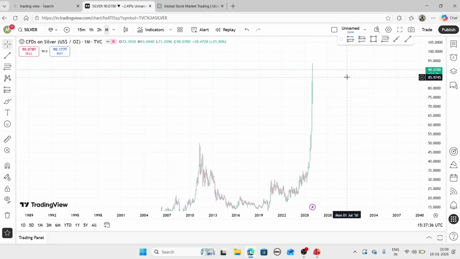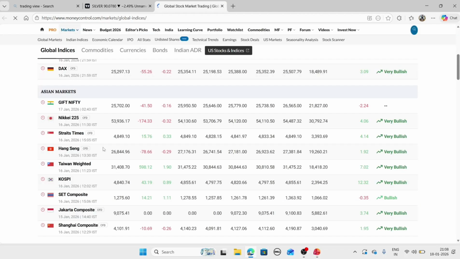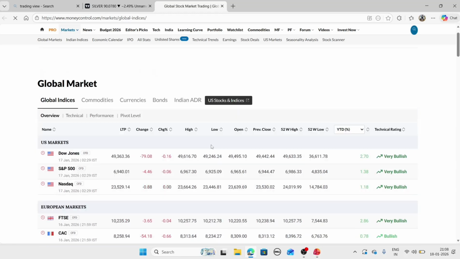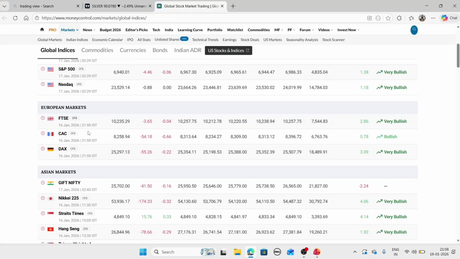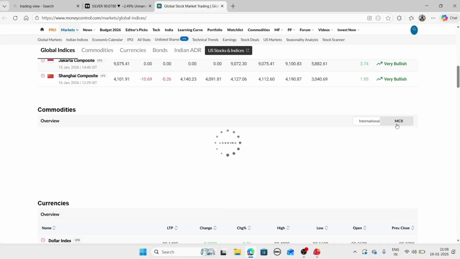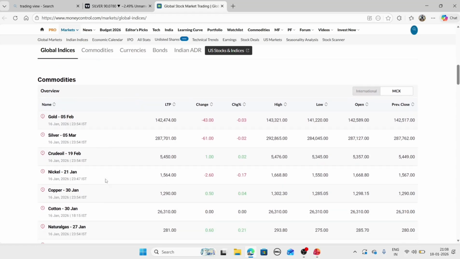Look at this, it is now trading at $91 per ounce, which is huge. For the Indian market, let me show you MCX. Here, you can see it is now around 2,90,000, so you can clearly understand there is a very huge movement.